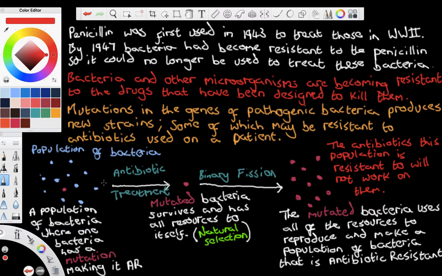When doctors gave them the penicillin, it would have wiped out all of the bacteria except for the mutated ones, which would then have all of the resources inside of the body of the soldier to themselves and would have then gone through binary fission to form a population of bacteria that no longer are affected by penicillin, and penicillin would no longer work as a result.